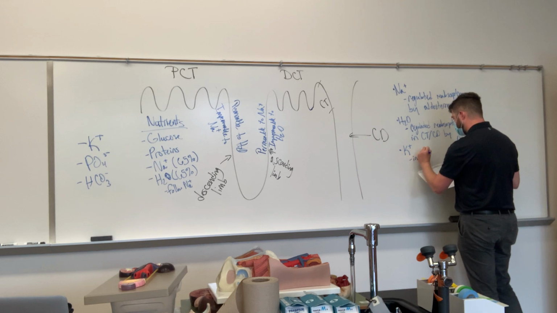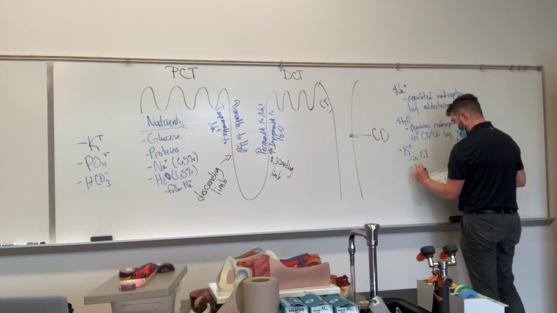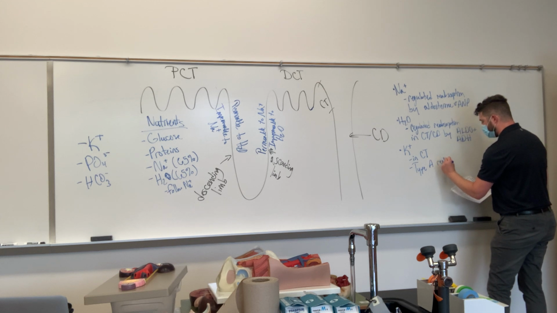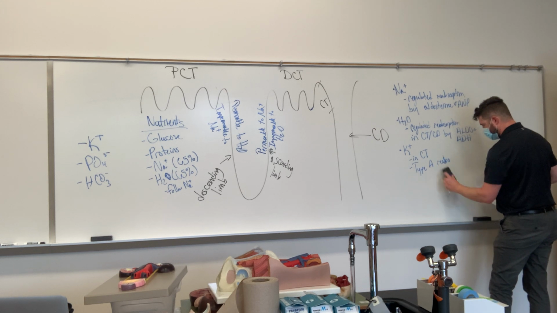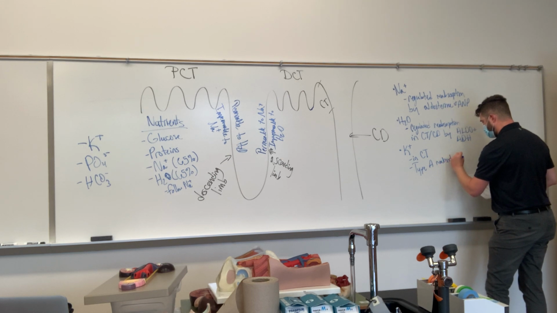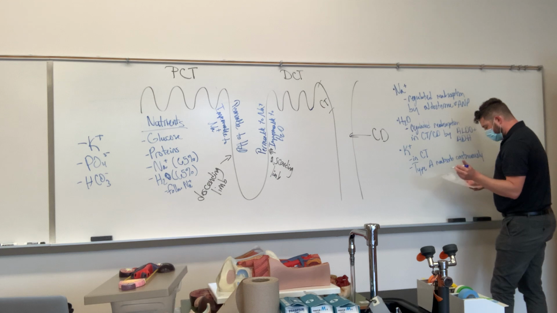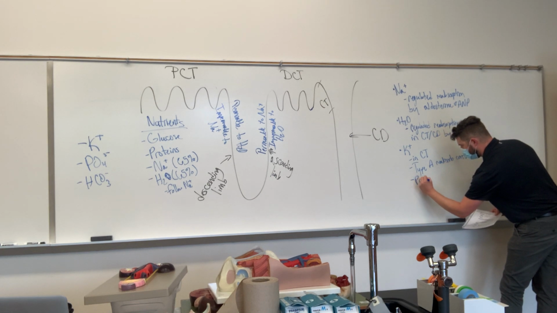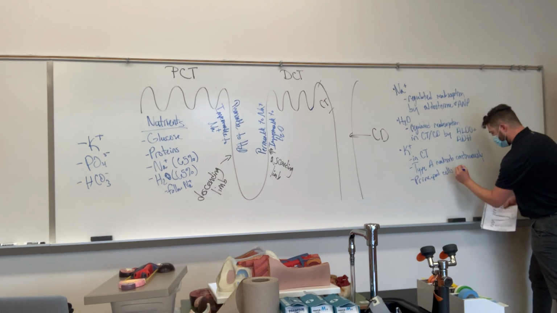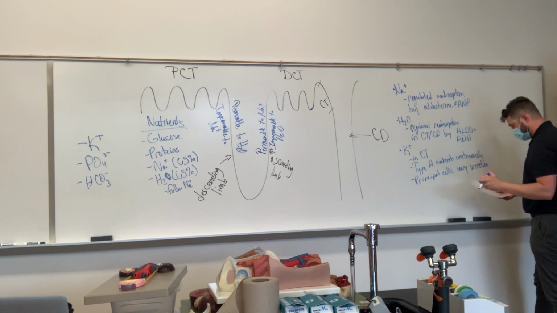Potassium in the collecting tubule. You have specific cells. Your type A intercalated cells reabsorb continuously. And the principal cells vary secretion based on the levels, based on concentration levels.